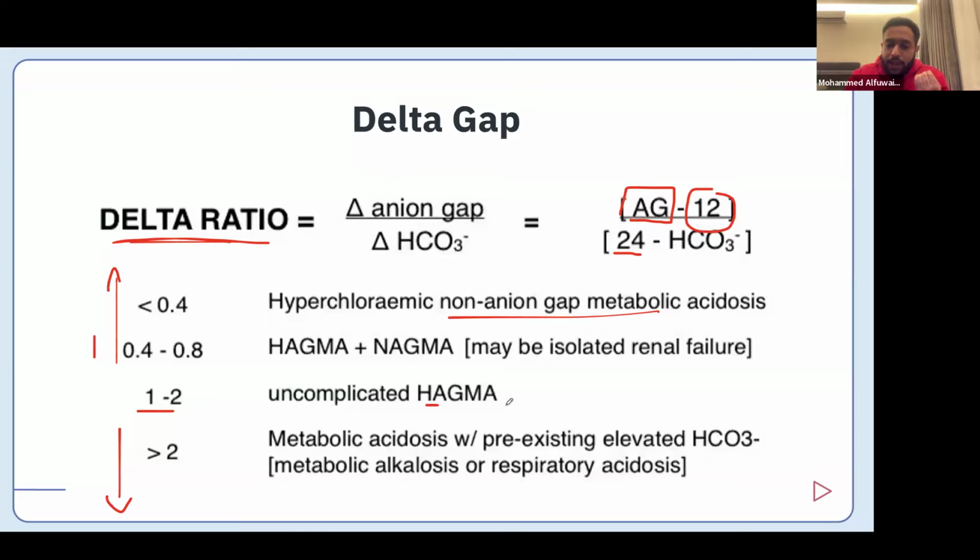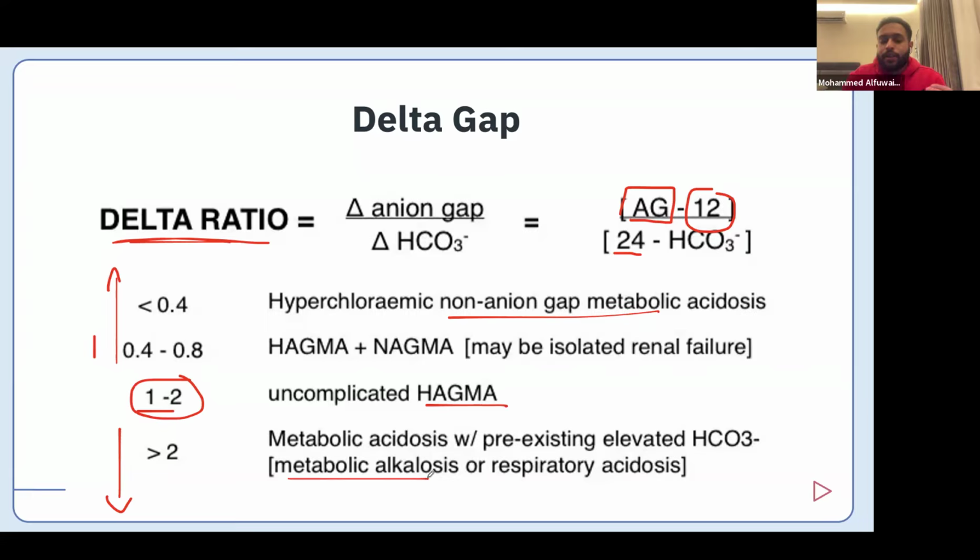Uncomplicated high anion gap metabolic acidosis means the delta ratio is 1 to 2, which is normal. That means the patient had high anion gap metabolic acidosis. Okay, what if the delta ratio is above 2? This tells me they have a metabolic alkalosis with it.